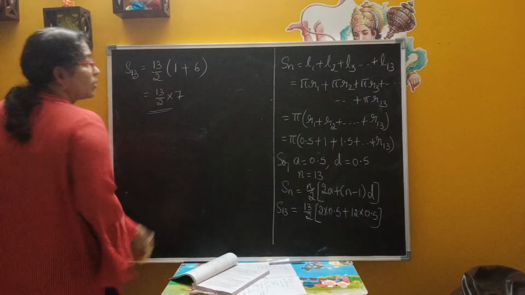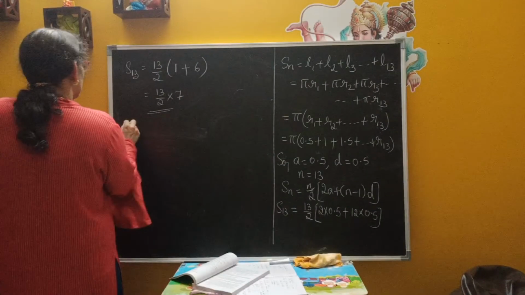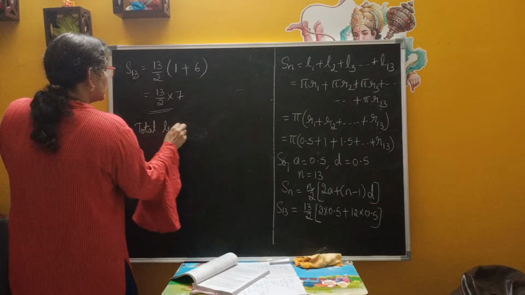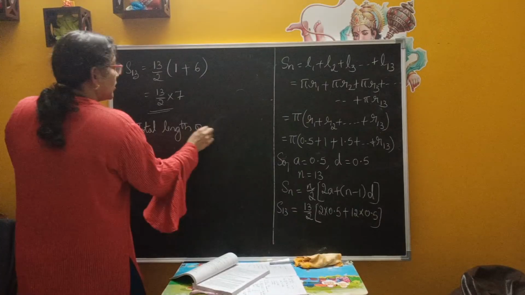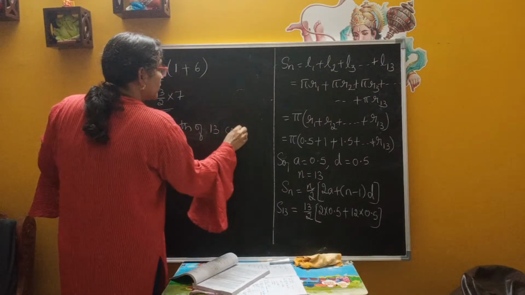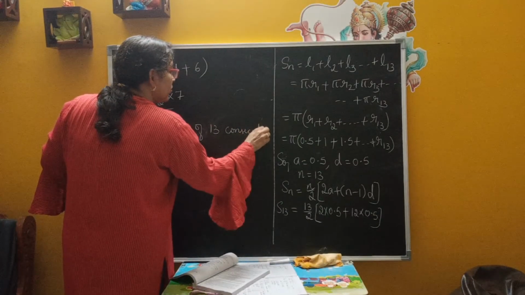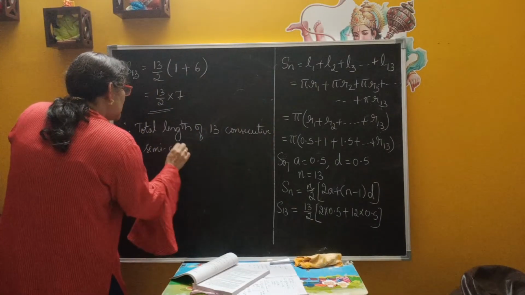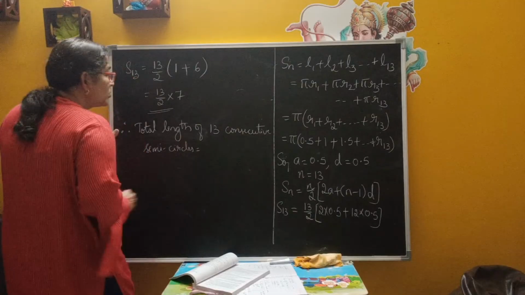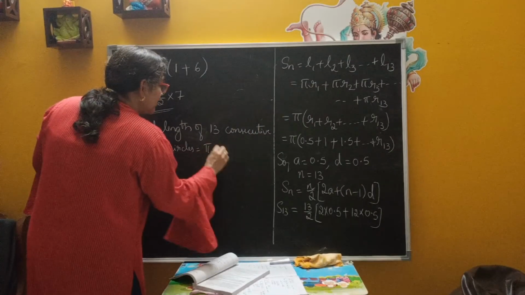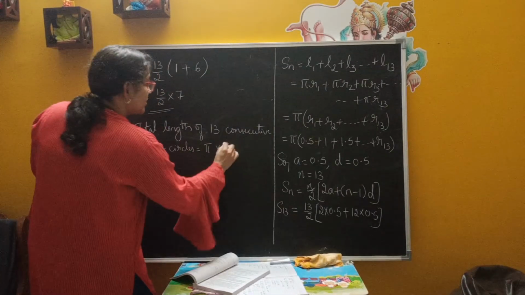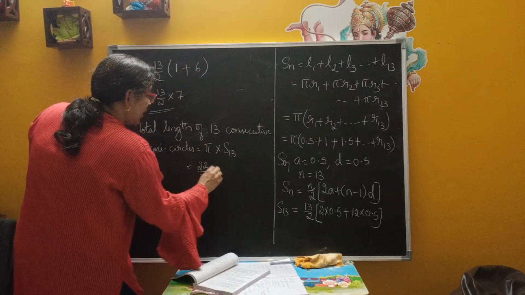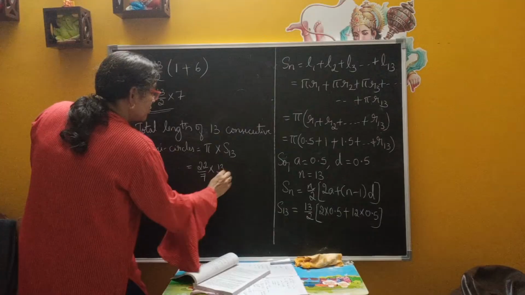Therefore, the total length of 13 consecutive semicircles is pi into S13. Pi is 22 by 7, into 13 by 2 into 7.